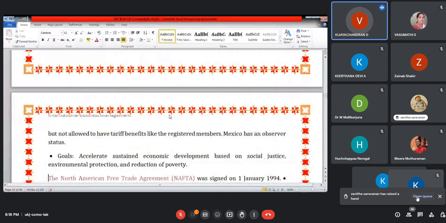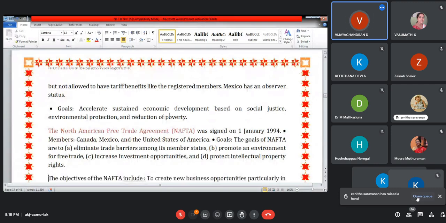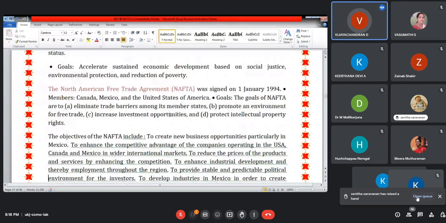The goals: to accelerate economic development, social justice, and environmental protection. NAFTA, now I'm telling about NAFTA, the North American Free Trade Agreement in the year 1994.